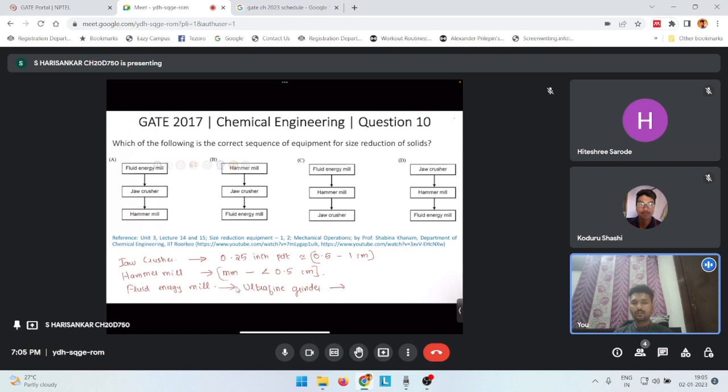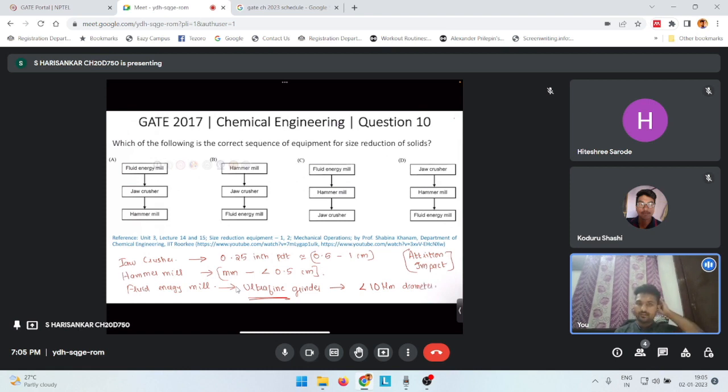And the principle of fluid energy mill is based mainly on attrition and some part of impact. And this leads to fluid energy mill giving out ultra fine particles, that means particles having less than 10 micrometer diameter.